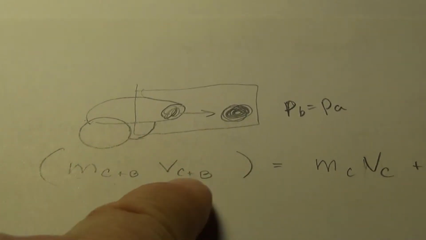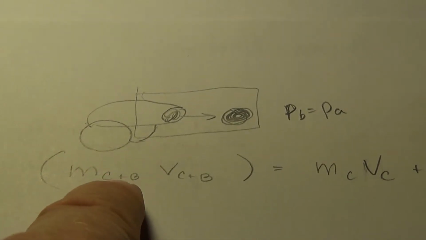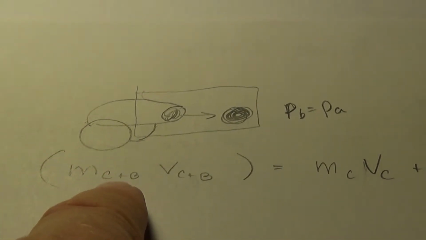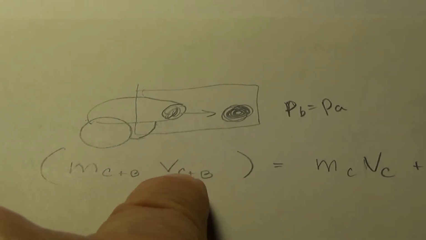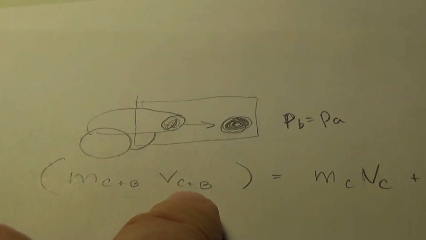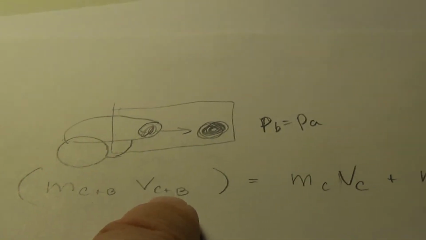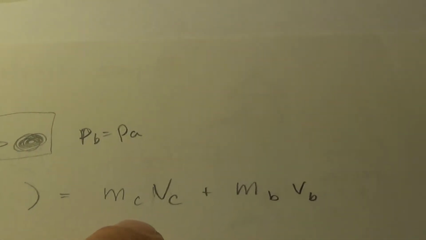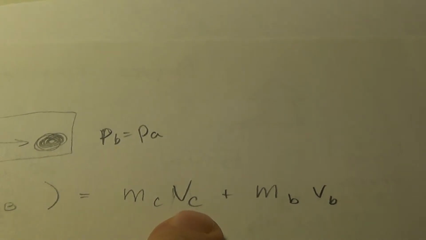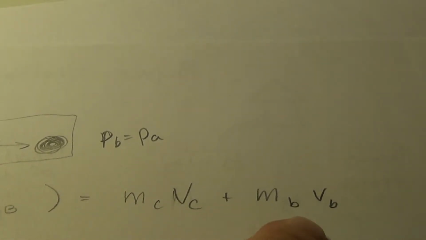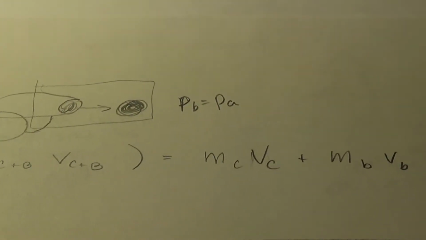So there's one term here: mass of the combined cannon and ball, velocity of the combined cannon and ball. But after the ball leaves the cannon, then we have two terms. We have the mass and velocity of just the cannon by itself now, and the mass and velocity of the ball. So I just wanted you to remember how to set that up.